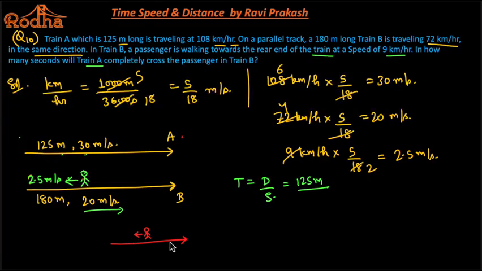That means the person is going against the train, but obviously when the train comes from this position to this position, the person will also come here. So the person is going with the train.